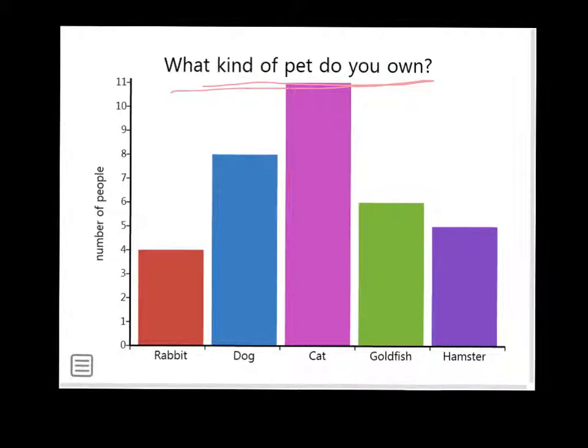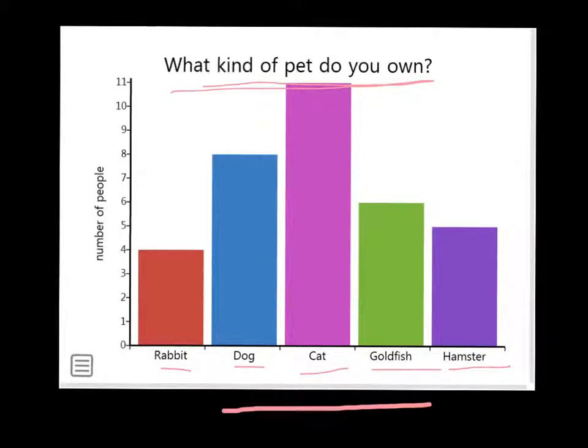Down here at the bottom, you can see that our different points of data are rabbit, dog, cat, goldfish, and hamster. And these are the categories that we collected in. So to get this information, you probably asked what kind of pet you own, and then you had these different options of rabbit, dog, cat, goldfish, or hamster for people to answer those questions.